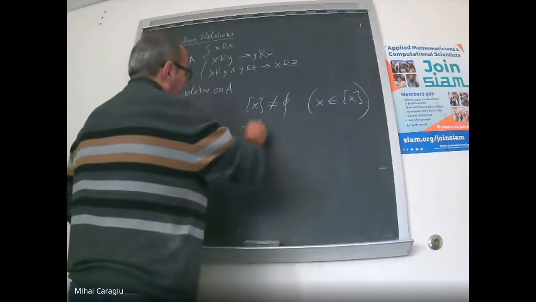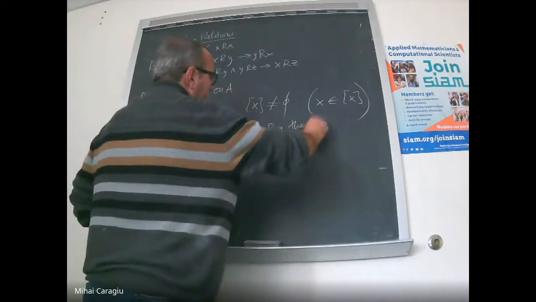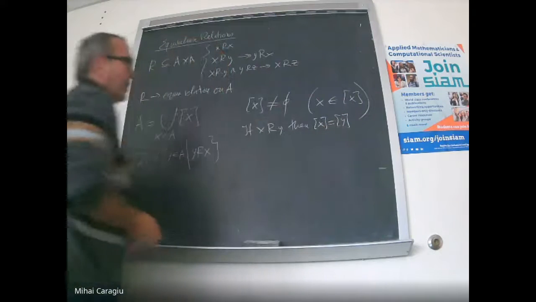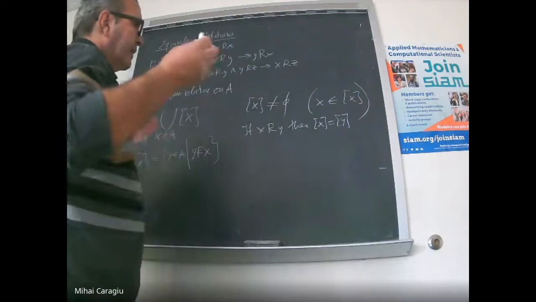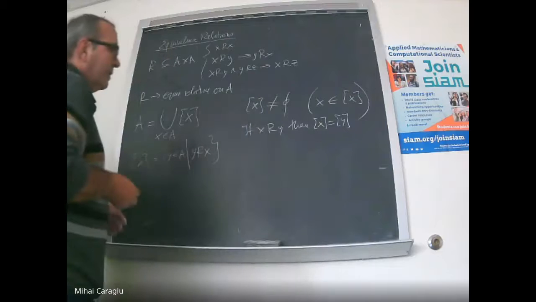If X R Y, then the block of X equals the block of Y. So if X and Y are related, then their blocks are the same. So they belong to the same block, like shown in the picture before, which I just erased.